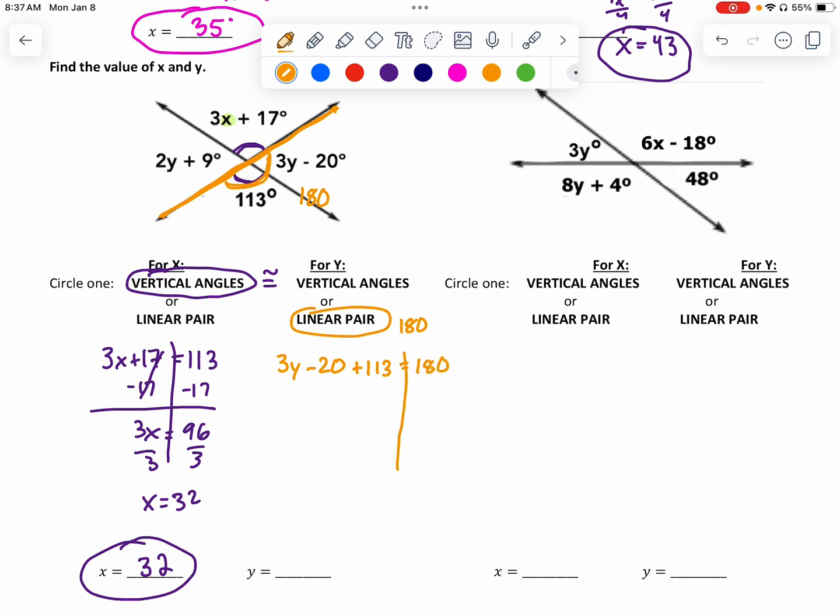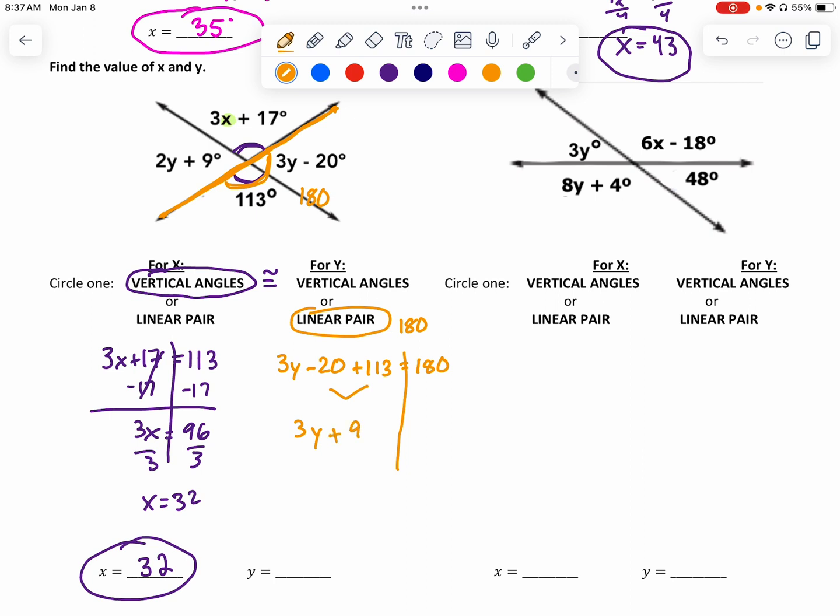So my like terms I can combine are the 20 and the 113. So we would do 113 minus 20. And I actually solved this a different way when I did it by myself. So I've got to think about the mental math really quick. So 113 minus 20, so 93.